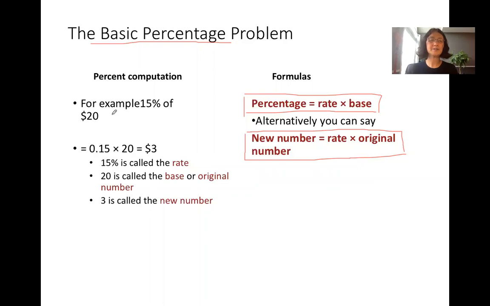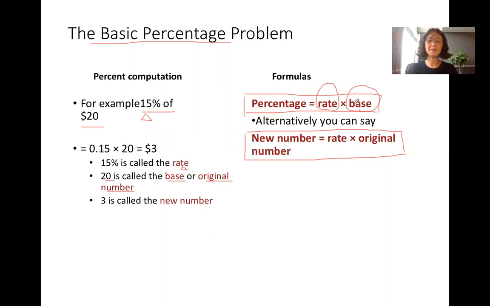For example, if you are asked, what is 15% of $20? So this 15% is the rate, and $20 is the base or original number. Based on this formula, you are given the rate 15%, the base is $20.